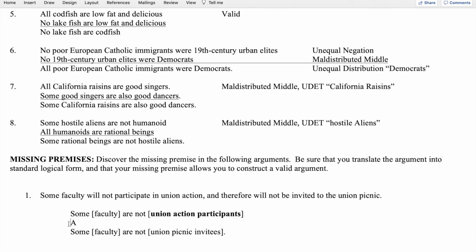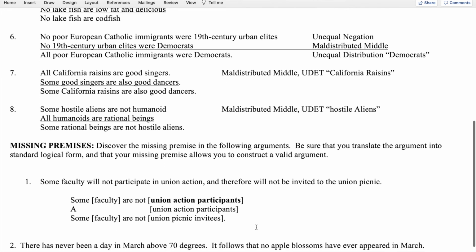Now we know this is an affirmative statement, and we know that predicates of affirmatives are not distributed. So we'll move this down to the predicate position and insert it here, union action participants, because then we will know that that middle term would not be distributed in the second premise, which means the middle term is distributed once in the first premise, and then it follows the rules for middle distribution.